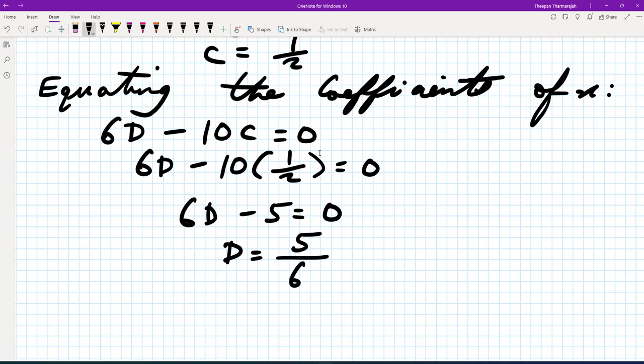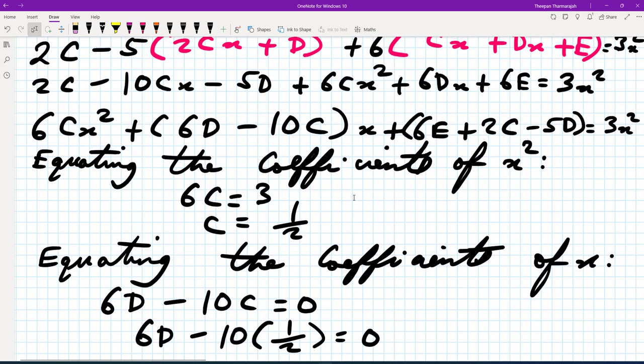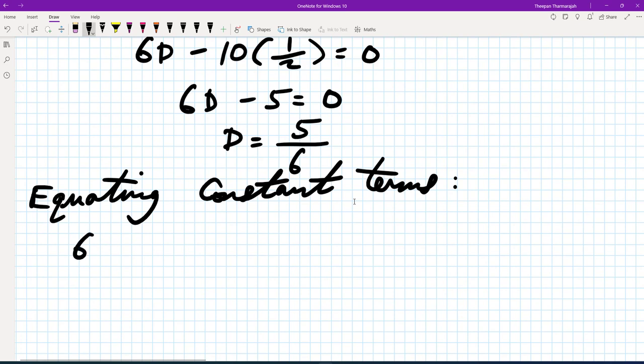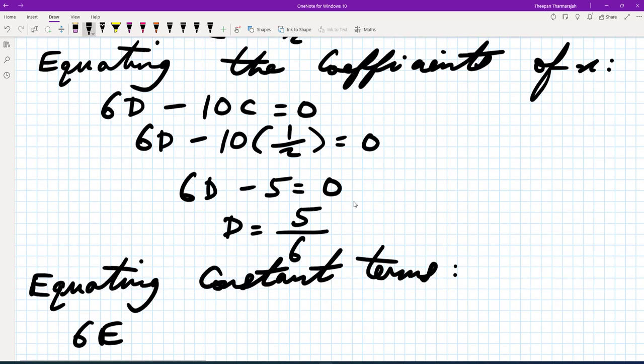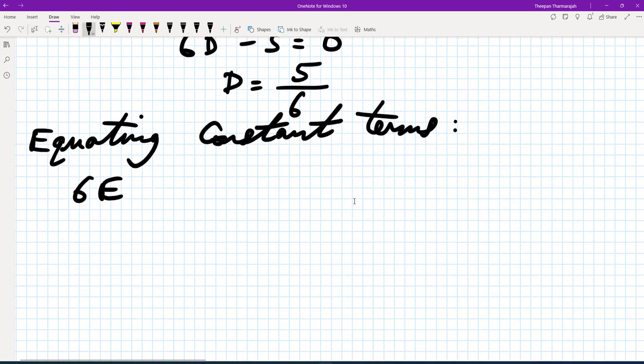So now we're going to equate the constant terms. That is going to be 6e plus 2c minus 5d.